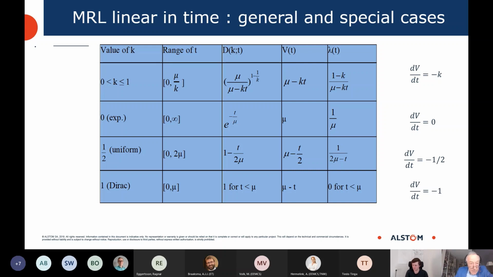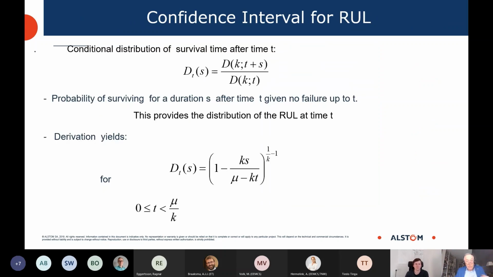So this is interesting because one can use that to build confidence intervals. The conditional distribution of the survival time after time t is, of course, the ratio of the reliability function at time t plus s by the same at time t.